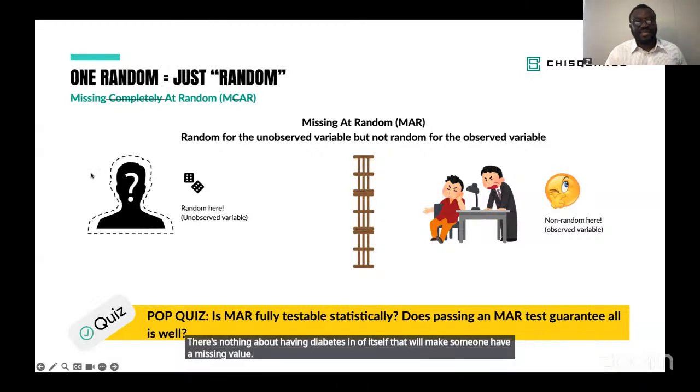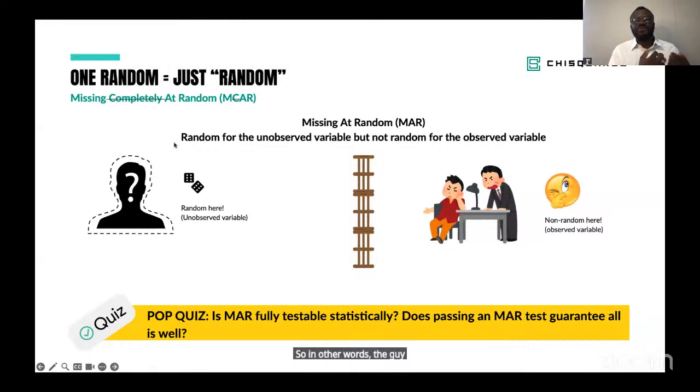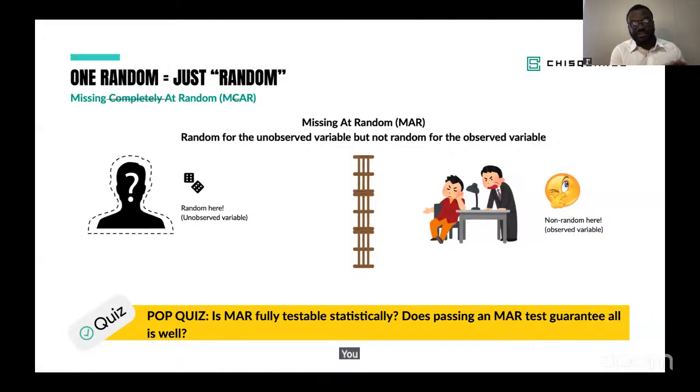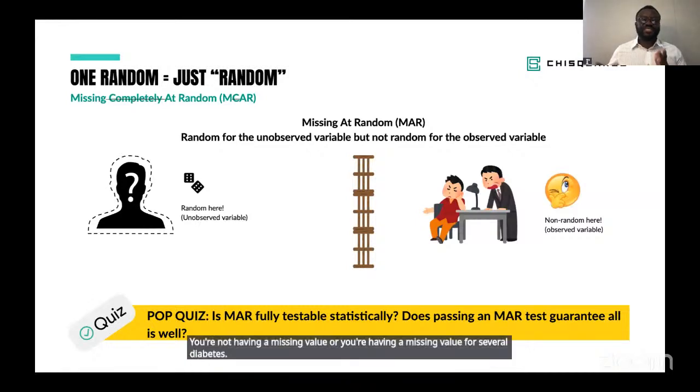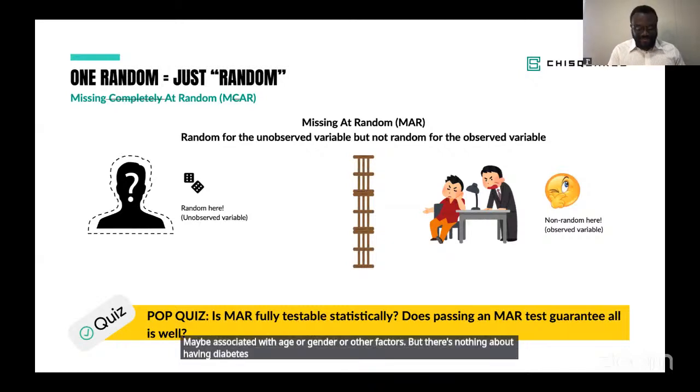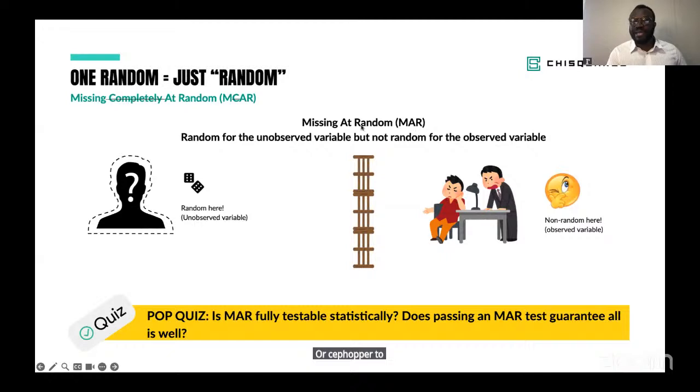So in other words, the guy is not implicated in his own disappearance, but the neighbors are. So you're having a missing value for self-reported diabetes, maybe associated with age or gender or other factors. But there's nothing about having diabetes in of itself that would lead one to have a missing value for self-reported diabetes. So that's what MAR is saying.